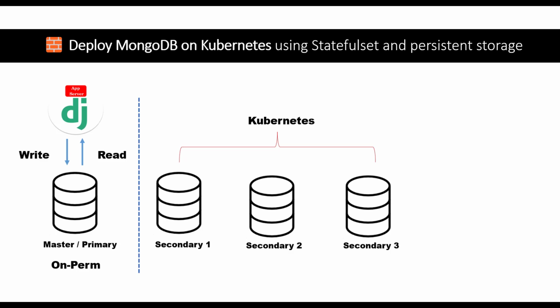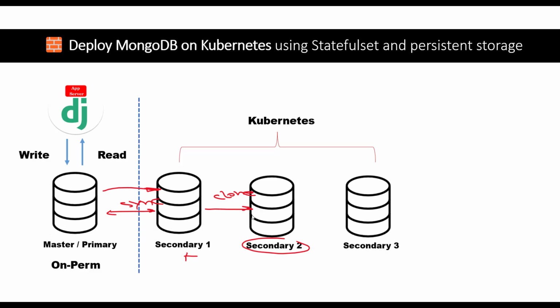As soon as we add the Kubernetes pods to this cluster, the data starts cloning from the primary to secondary one. And after the clone is done, they will start to be synced together. As soon as all data is done with secondary one, secondary two will start cloning the data from secondary one.